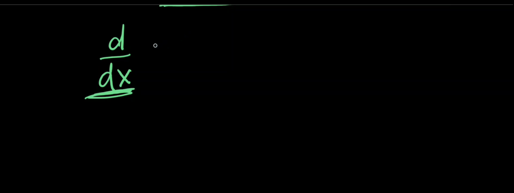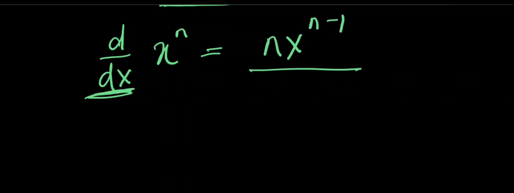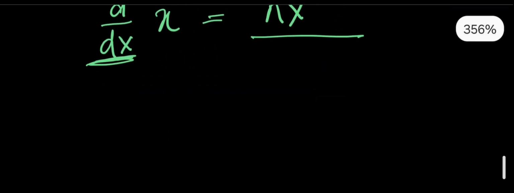Suppose we write the law directly: the derivative of x raised to n would be equal to nx raised to n minus 1. That's called the power rule.